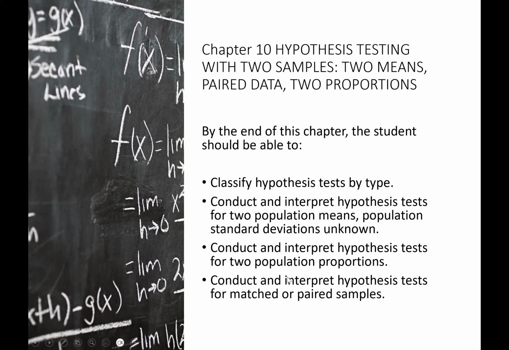And then last but not least, we'll look at hypothesis tests for matched or paired samples. So when one population is related in some way or another to the second population.